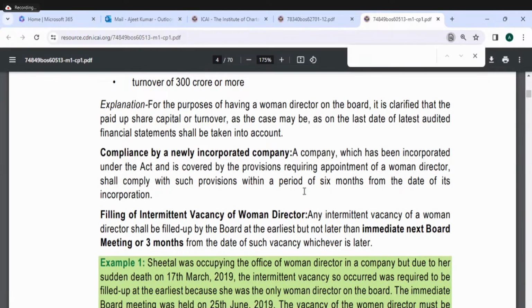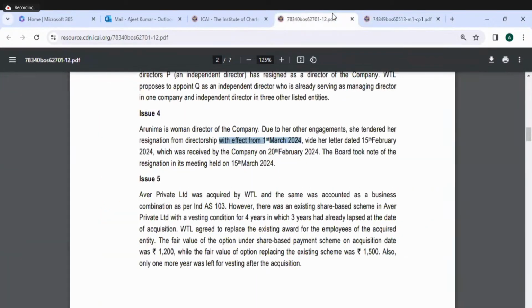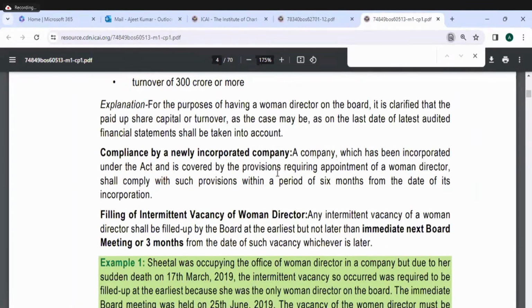So what do we mean by whichever is later? Just make a chart saying immediate next board meeting. The immediate next board meeting is on 15th March 2024, or 3 months from the date of such vacancy. The vacancy was on 1st March.